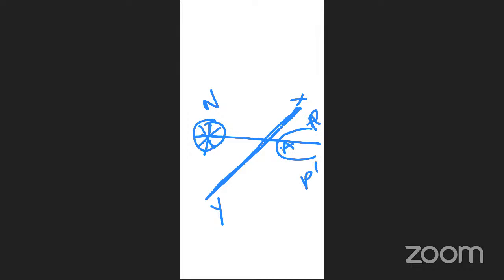Then this perpendicular line, drawn from the nucleus to the initial line of motion, is the distance. This distance is called the impact parameter.